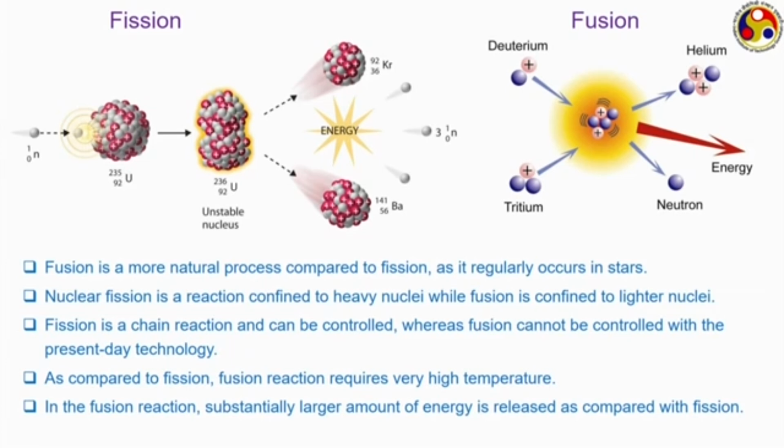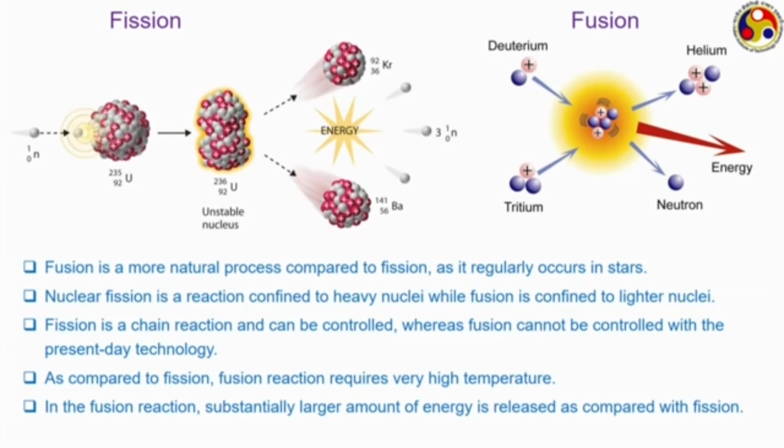Fusion is a more natural process, because we can regularly find it in extraterrestrial bodies like the stars, but fission is a reaction which is confined to heavy nuclei, and the chain reaction or fission reaction can be controlled as per present-day technology. However, we are not in a position to control the fusion reaction. One big problem in fusion is that it requires very high temperature and several other extreme parameters.